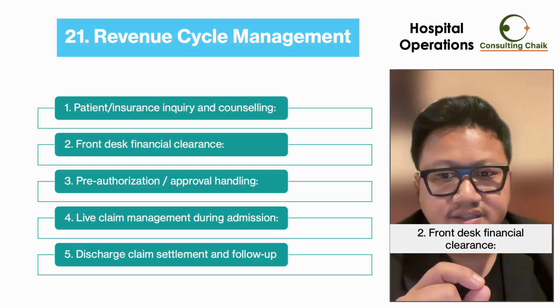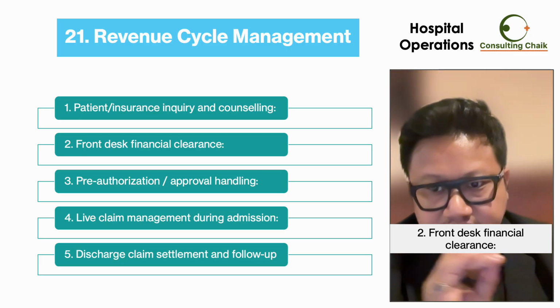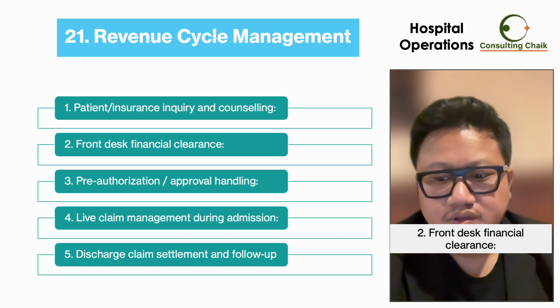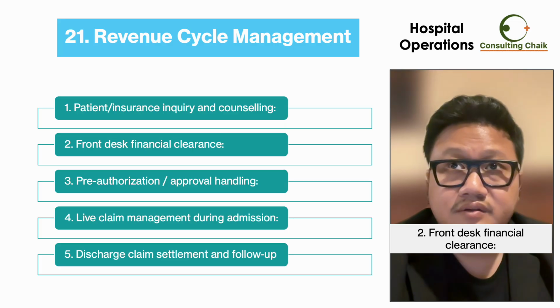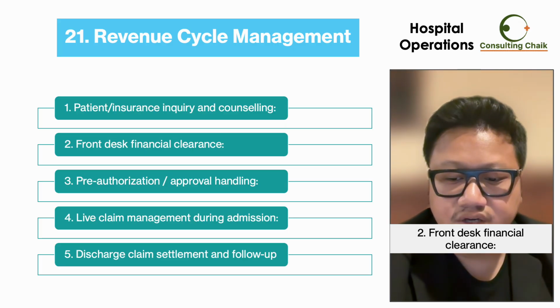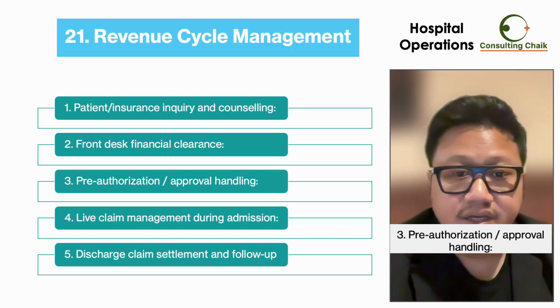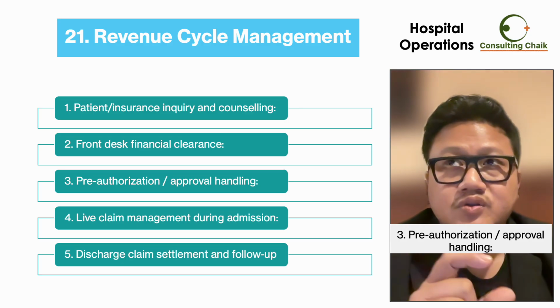Then front desk financial clearance. From the front desk, they verify the patient details, insurer details, case type before treatment. Everything needs to be done. The documents and all the reports, the doctor's recommendation for inpatient or surgery admission, are sent to the insurance company for pre-authorization, approval handling.